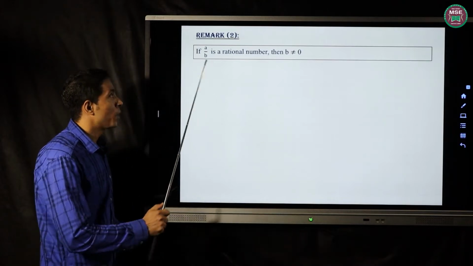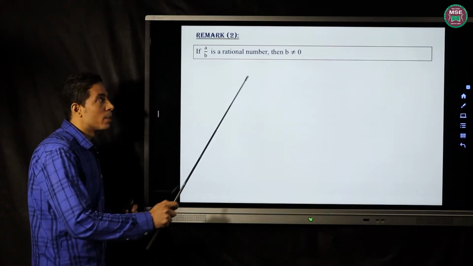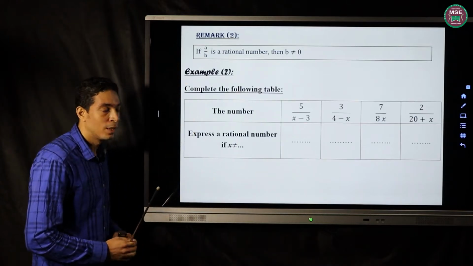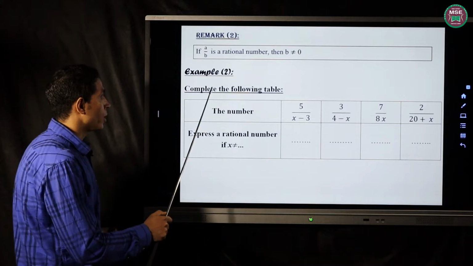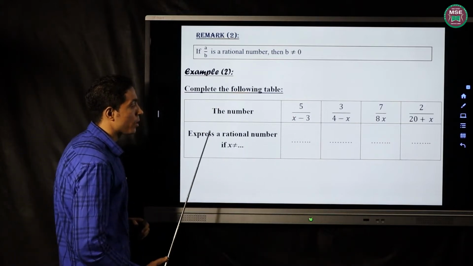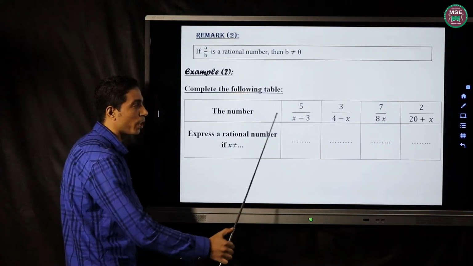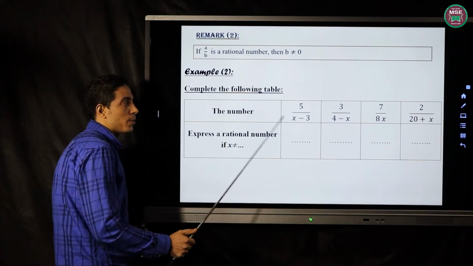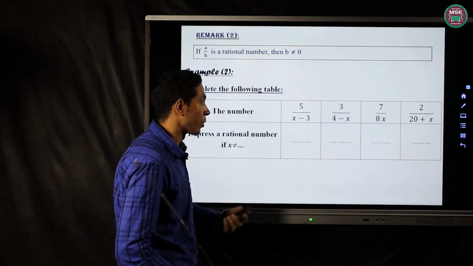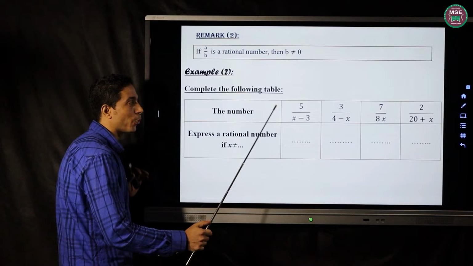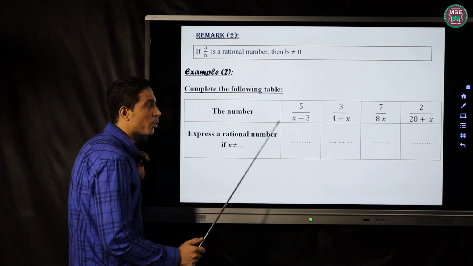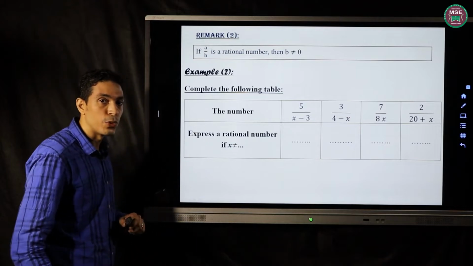Remark number 2, if a over b is a rational number, then b must be not equal 0. The denominator must not equal 0. Example number 2, complete the following. The number 5 over x minus 3 expresses a rational number if x not equal what? To find the value of x, we take the denominator and it must not equal 0.